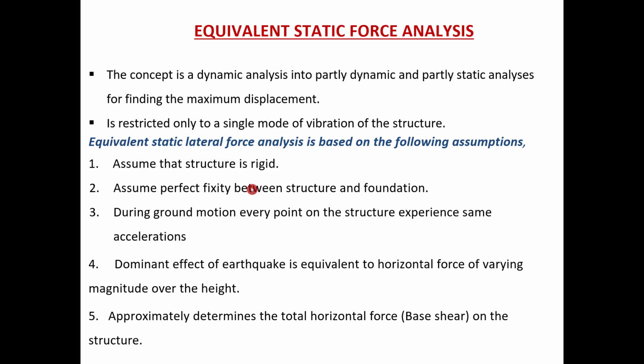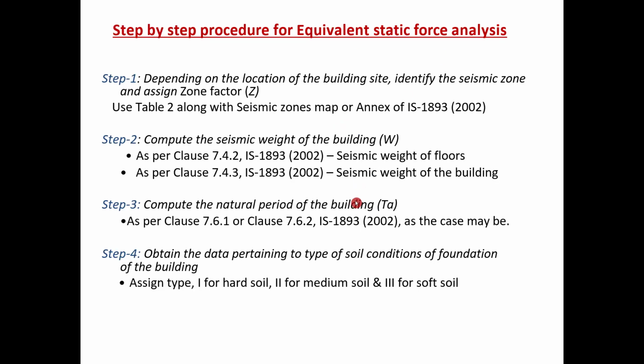We have seen the different assumptions for equivalent static force method in the last video, which I'm not discussing in this video. Just a quick recap, the step-by-step procedure for equivalent static force analysis.